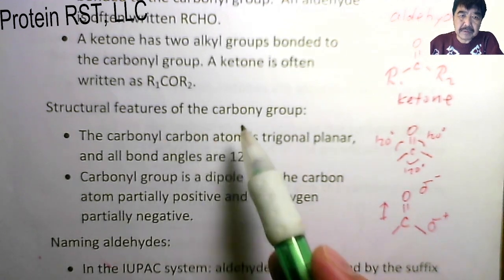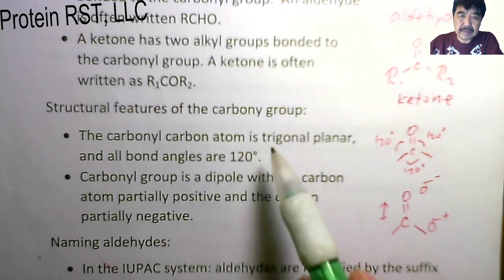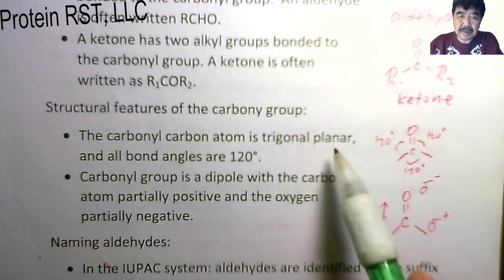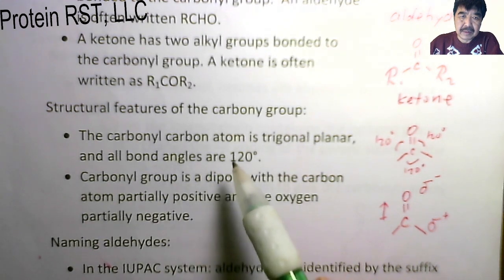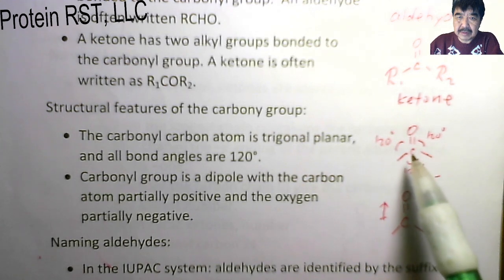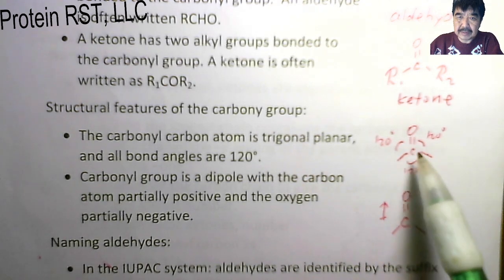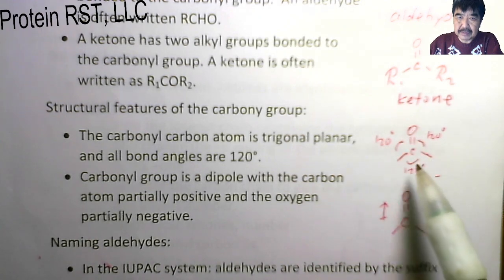Structural features of the carbonyl group. The carbonyl carbon atom is trigonal planar, and all bond angles are 120 degrees. The carbonyl carbon bonds to three atoms, the oxygen and the two carbons.